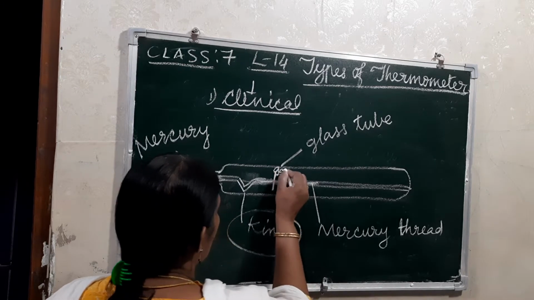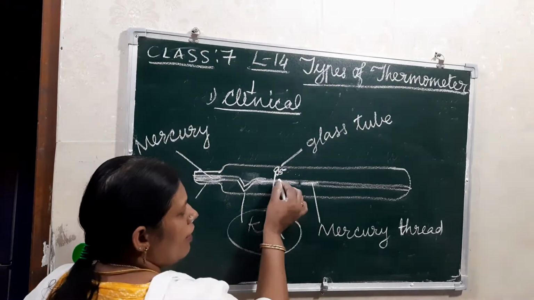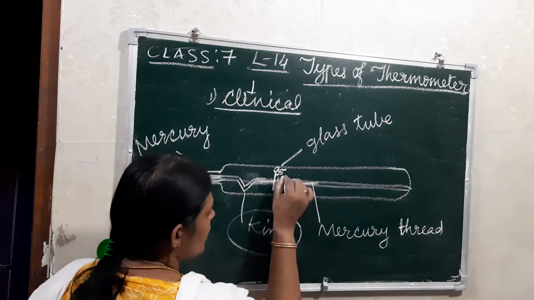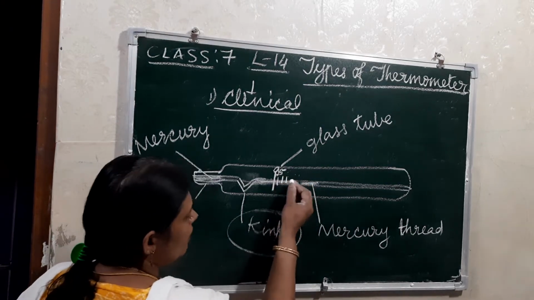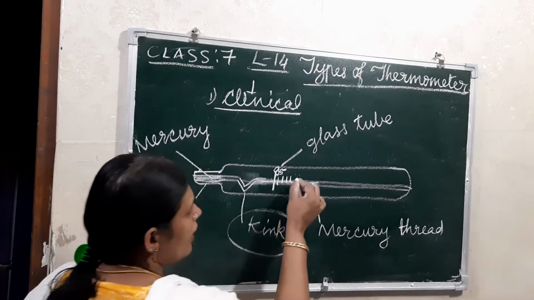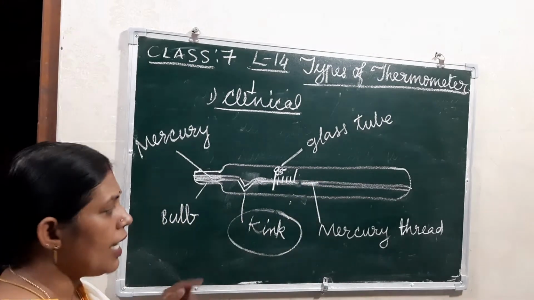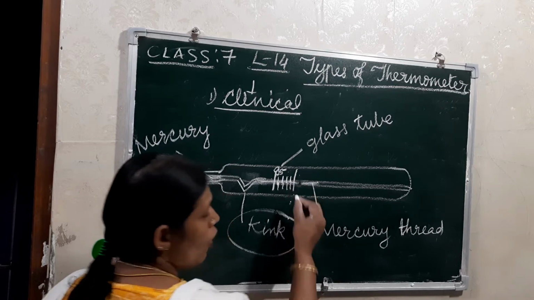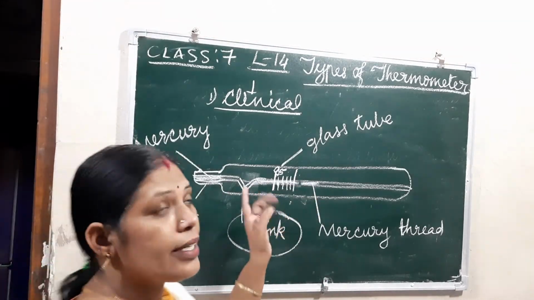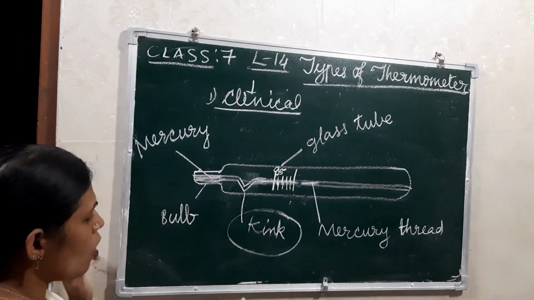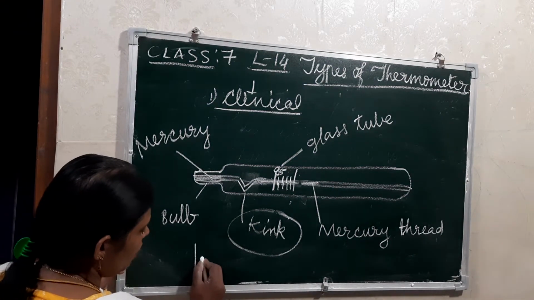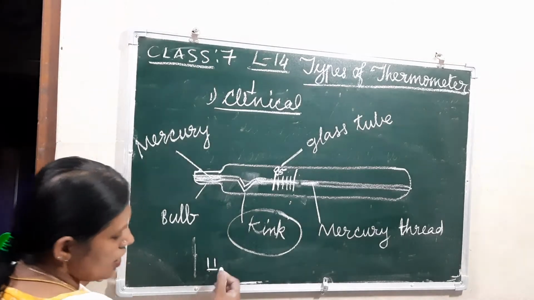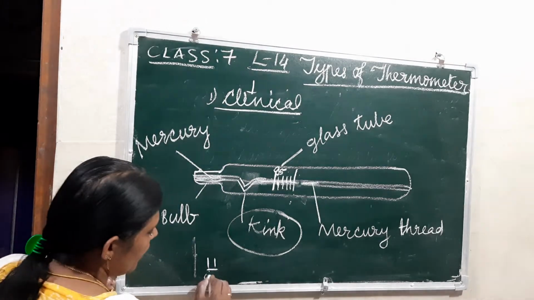95, and see here: one division, then second division, third division, fourth division, again fifth division. On a normal scale, what would we say? We would say it is 0.5, right? But here in the thermometer, each small division from here to here is counted as 0.2.